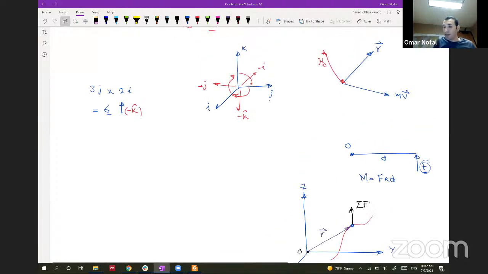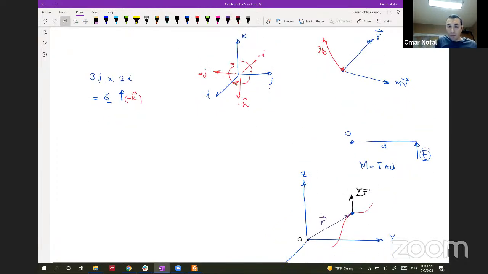Then the sum of all the moments about point O will be the R vector cross product with the sum of F. This is how we get the moment of a force in vector form.